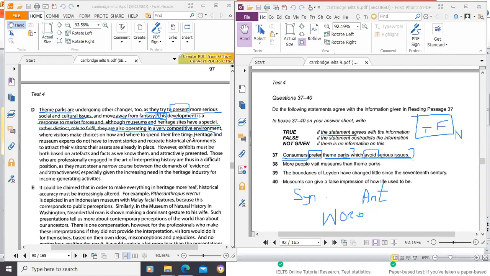It is a choice. Yes, I understand that. The passage did mention that, but what the passage specifically tells us is that they go to theme parks that present more serious socio-cultural issues.